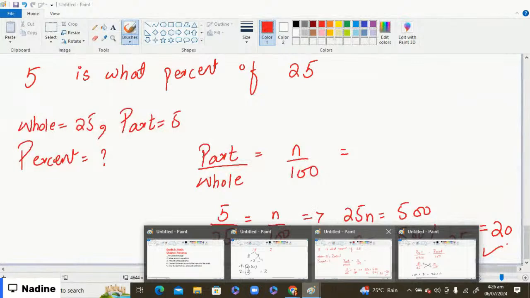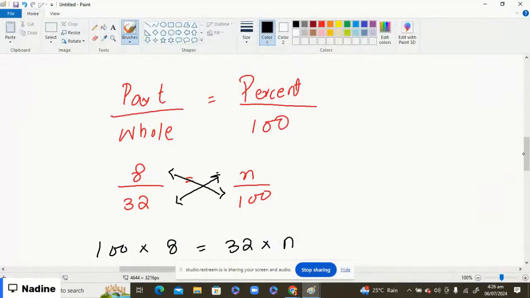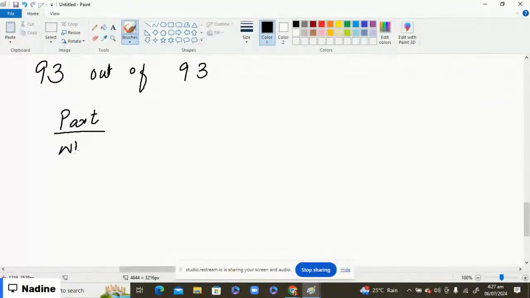So let's check that. 93 out of 93. So part over whole equals n over 100.